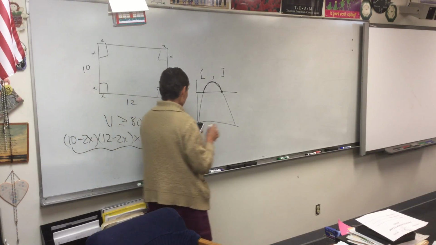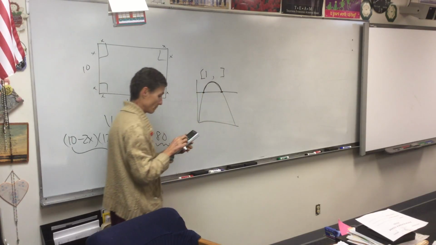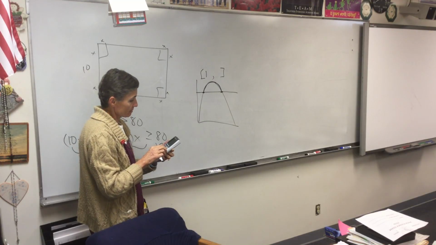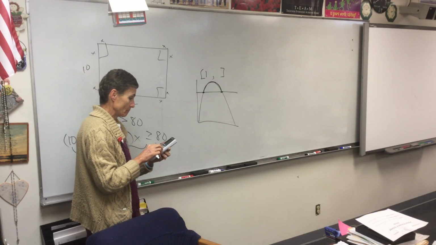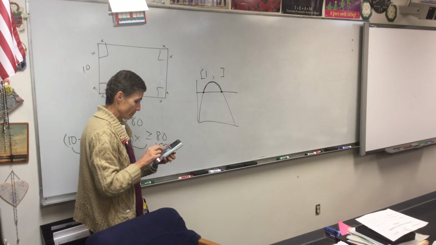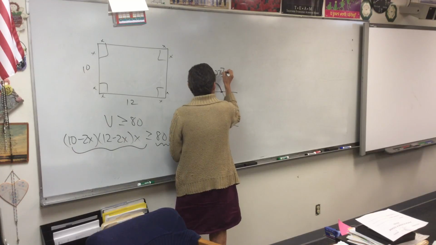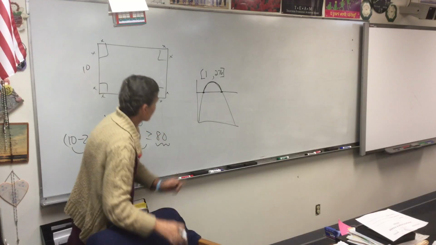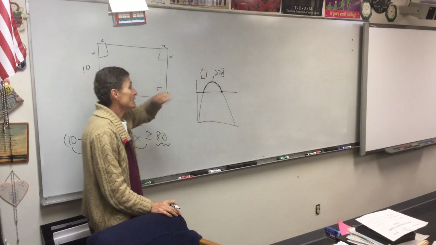So this point worked out to be 1, and then the other one is 2.76. So those are my 2 points of intersection, and everything between them is more than 80.